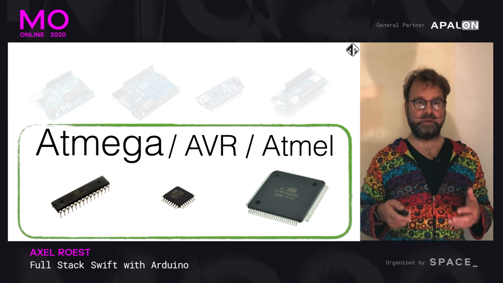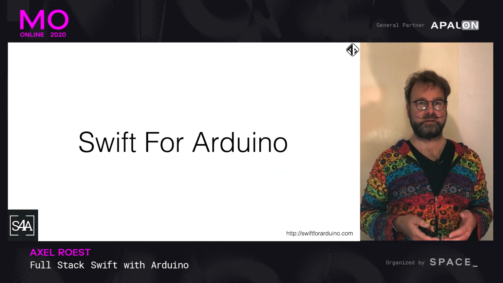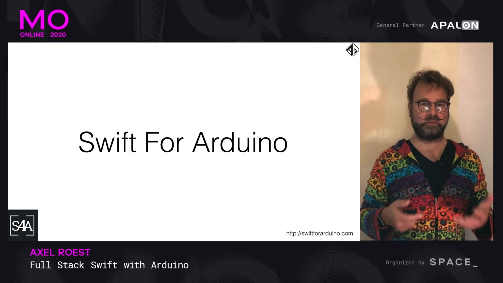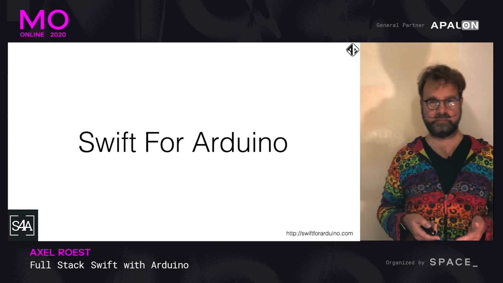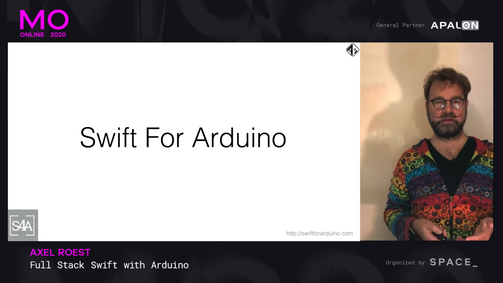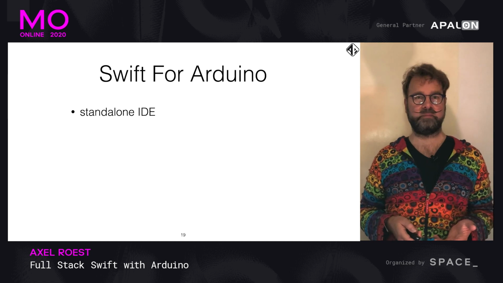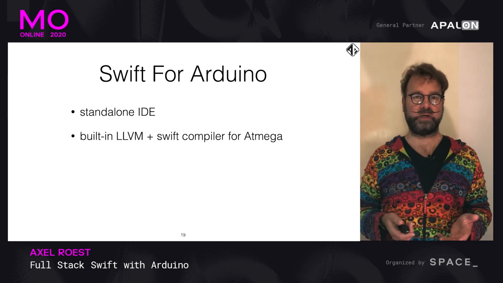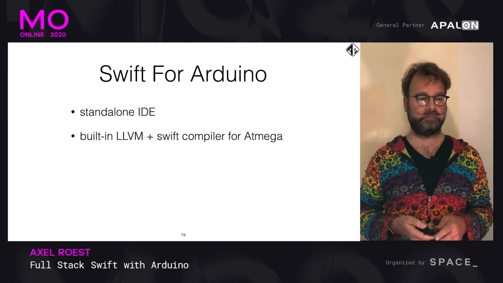So a year ago, a friend of mine, Carl Pito, used that LLVM cross-compiler and created an IDE called Swift for Arduino. So what is Swift for Arduino? It is a standalone IDE. It incorporates the LLVM and cross-compiler, the Swift compiler for the Atmega.